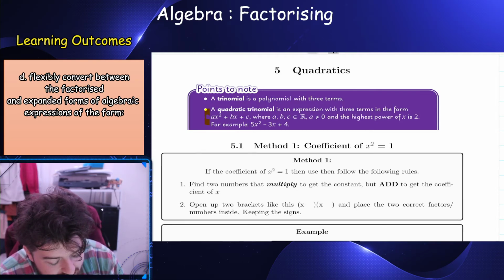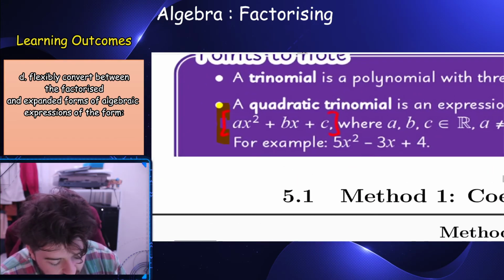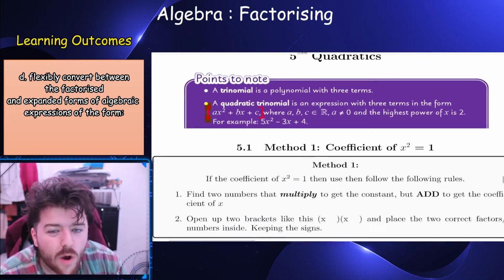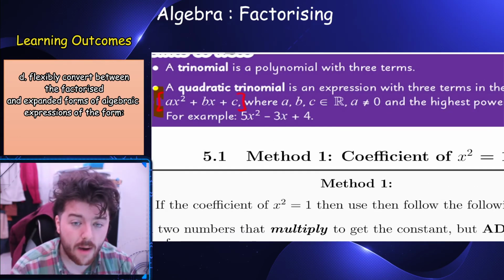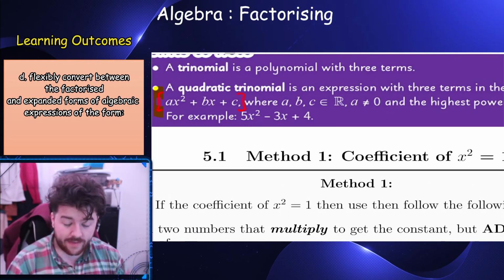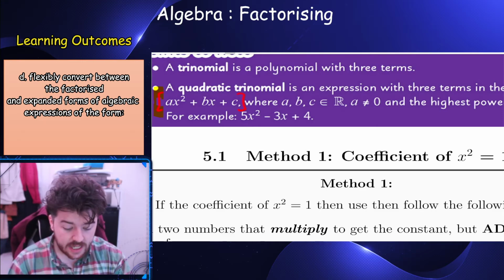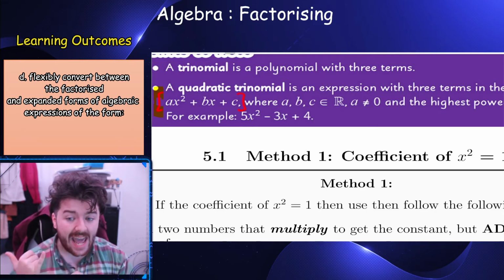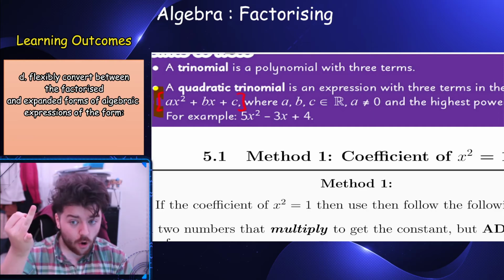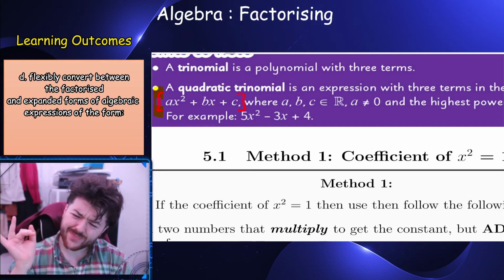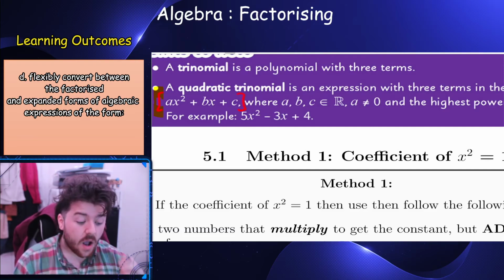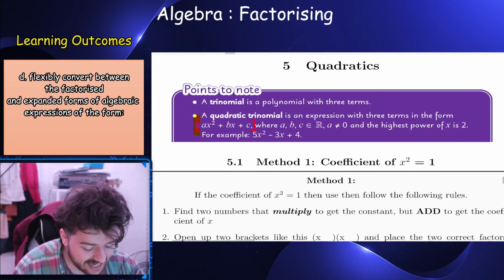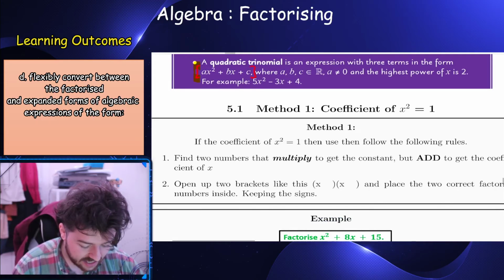This is called the general form, and we just want it to look like that. For example, 5x squared minus 3x plus 4. I need a squared term, a term to the power of 1, the term by itself, and a constant term. And that qualifies it as a quadratic. And this is how we factorize it.